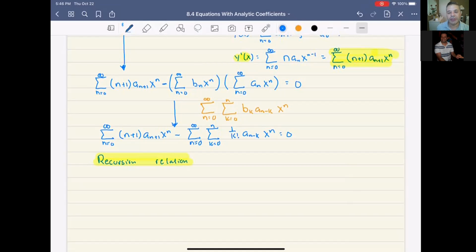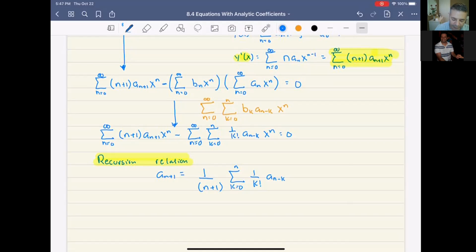So my recursion relation is a sub n plus 1 equals 1 over n plus 1, the sum k goes from 0 to n, 1 over k factorial, a sub n minus k.